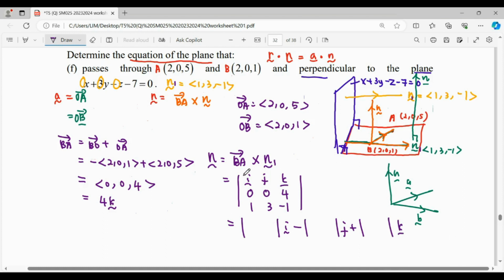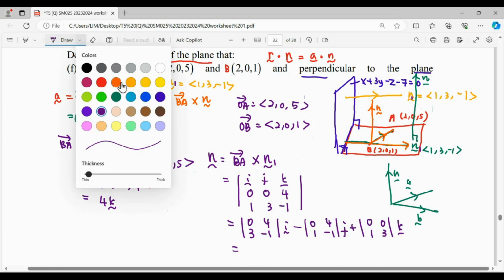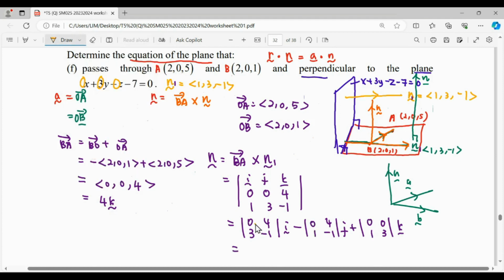So minus row 1, column 1, the remaining elements are 0, 4, 3, negative 1. So copy and paste here. Then this one 0, 3, go back to the last. Then vertically under the i here will be our 0, 1. To simplify these minors, we use AD minus BC, AD minus BC, AD minus BC.